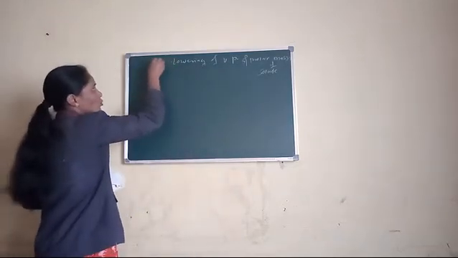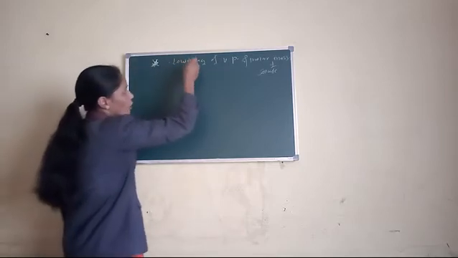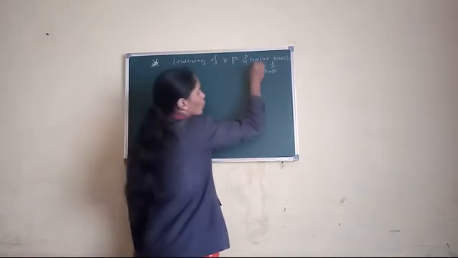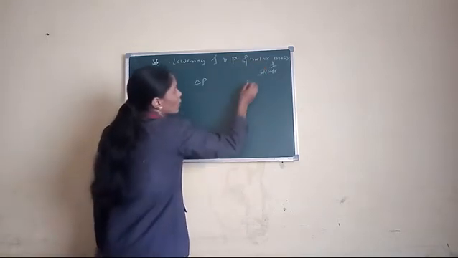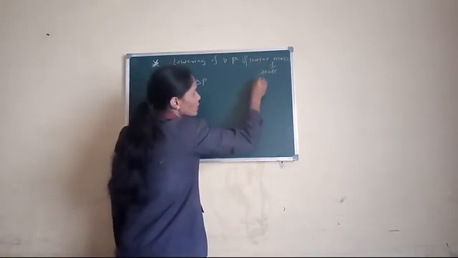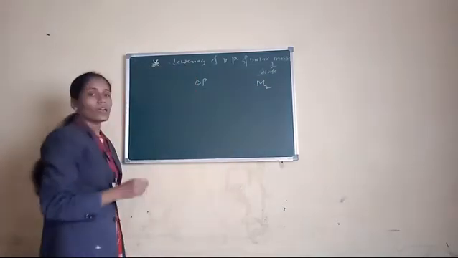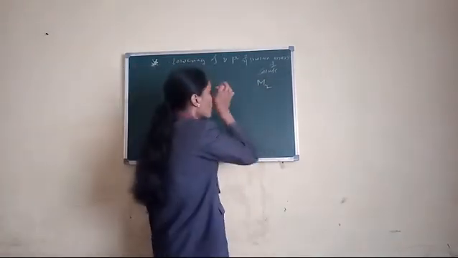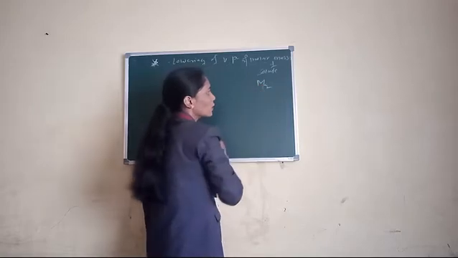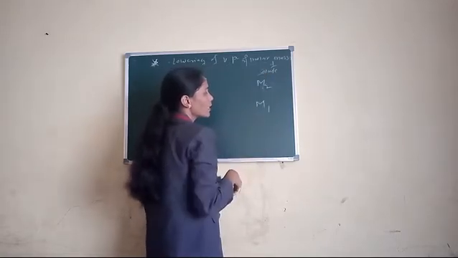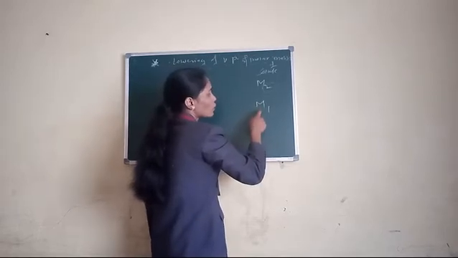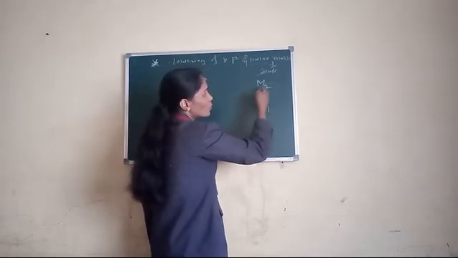This topic is useful to get the formula relating molar mass and lowering of vapor pressure, delta P, and the molar mass of solute, M2. Again I repeat, solute is denoted by 2 and solvent by 1, that is M1. M1 is the molar mass of solvent, M2 is the molar mass of solute.